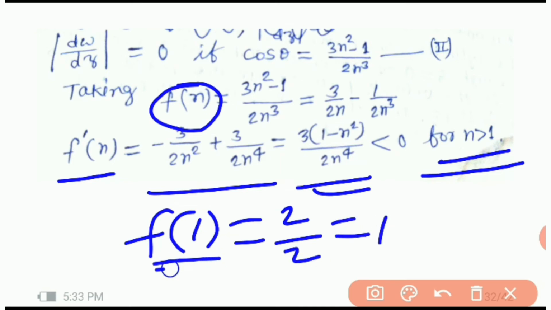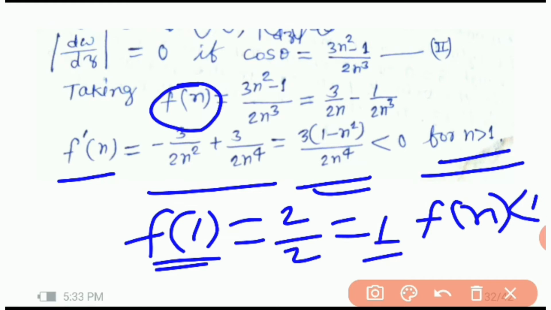So f(1) is equal to 1, so that f(n) is strictly less than 1 for n greater than 1.